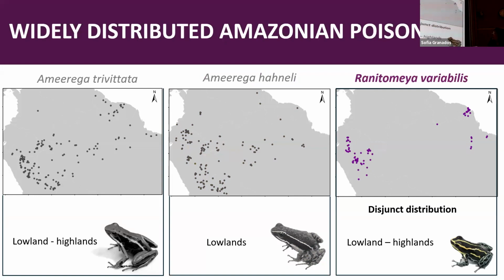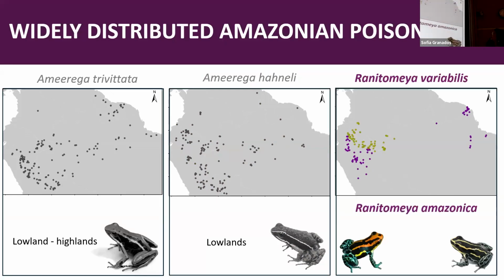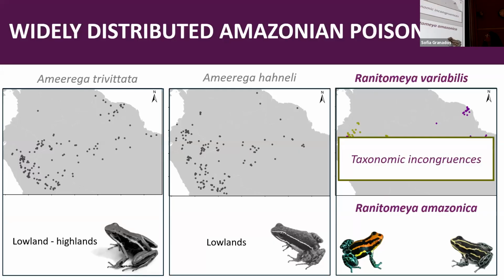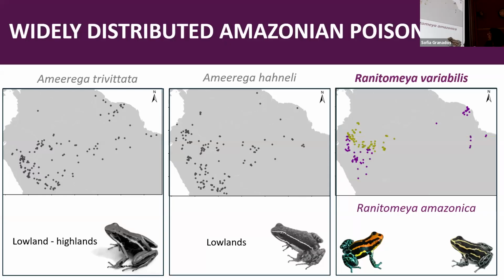This is what we call a disjunct distribution. And in order to understand a little bit more about this disjunct distribution, we need to talk about its sister species, Ranitomeya amazonica. The reason we need to look into these two species is because there have been some taxonomic incongruences regarding the validity of these two species, mainly because these eastern populations right here now belong to Ranitomeya variabilis.